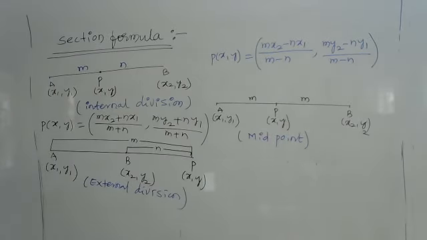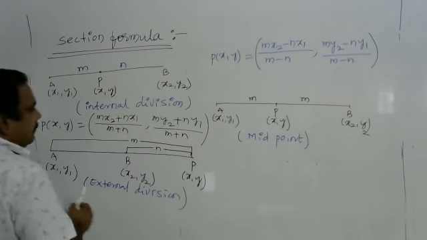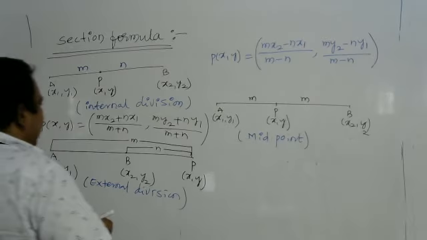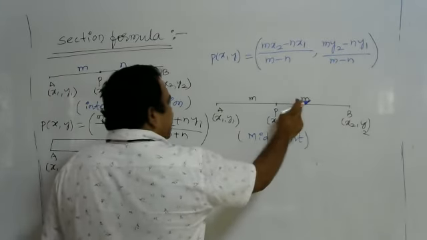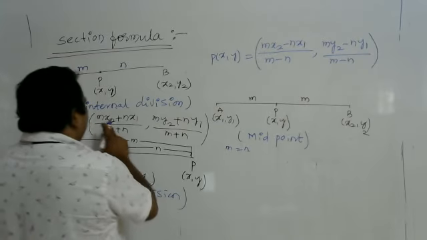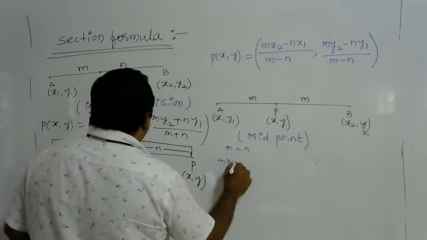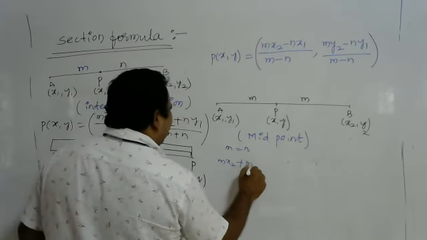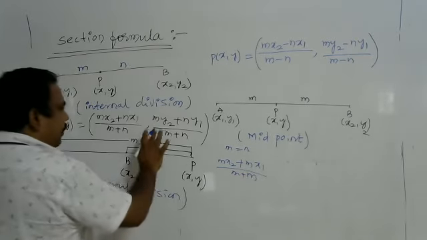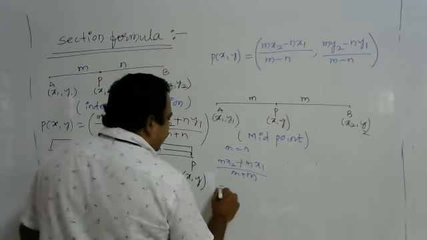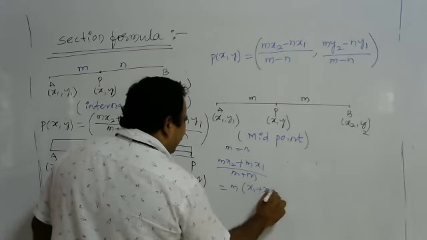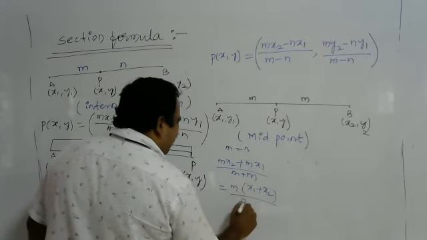So now, if you observe this formula, midpoint means just you don't write this, just rough I am writing. m equal to m, n equal to also m. So m equal to n we are taking, substitute in this. So mx2 plus n, which is also m, mx1 divided by m plus m. Just I am doing only one. So here m will be common, x1 plus x2 divided by m plus m is 2m.